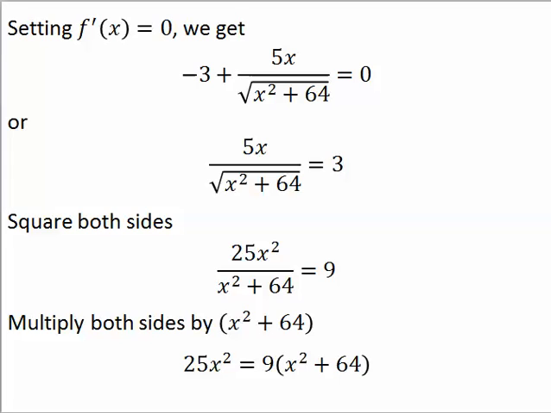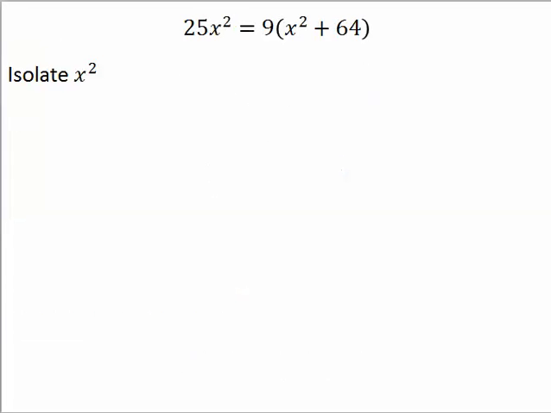Now, what we're trying to do is solve for x. To do that, we first isolate x squared. So isolating x squared, I have 25x squared minus 9x squared, and then I have 9 times 64, or 576, on the other side.